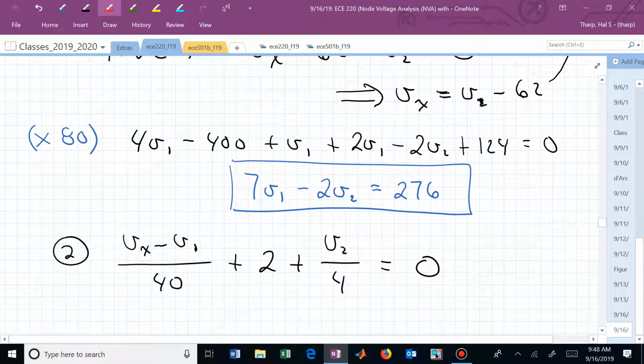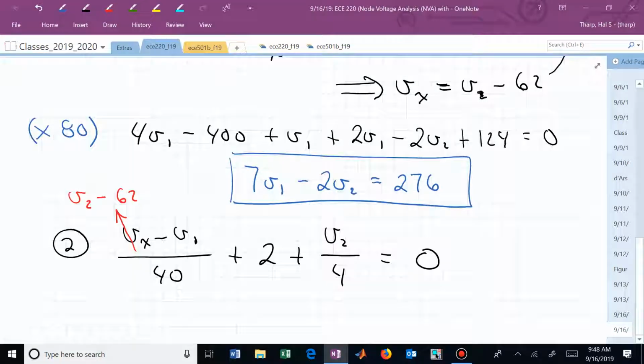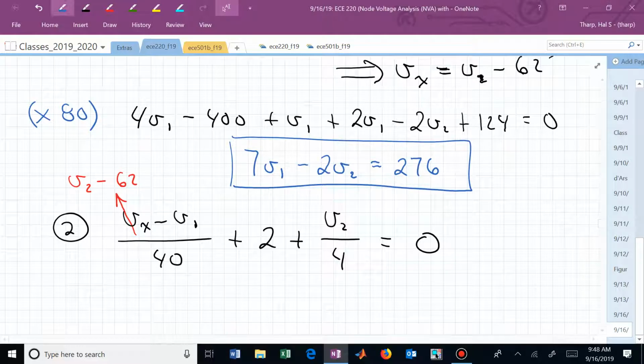And we already know what this is. This V sub x is V sub 2 minus 62. And if we multiply everything by 40 here, I'll clear those fractions.